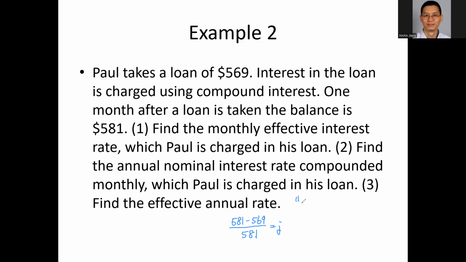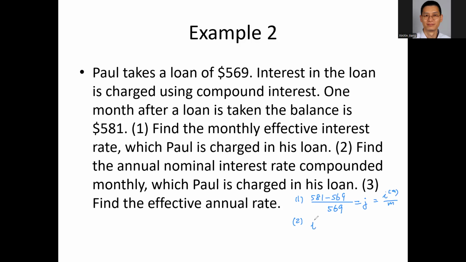All right, so maybe I should put it here: 581 minus 569 over 5... sorry, it's actually 569. That's j. It should be 569, the original loan amount. That's our j. And then find the annual nominal interest rate. j is like i to the parenthesis m over m.